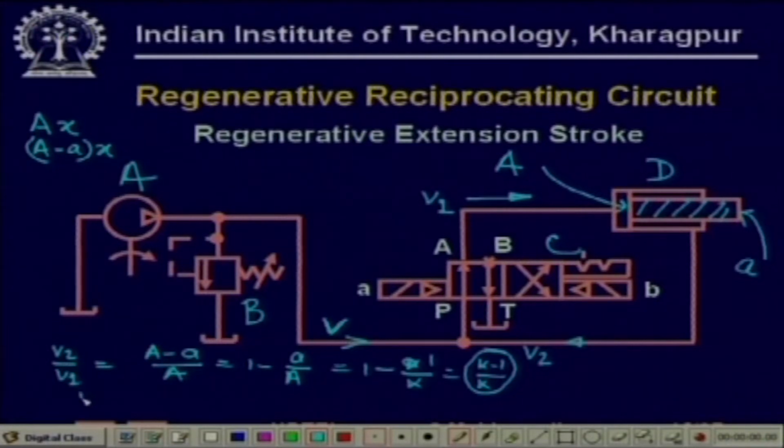And V1 by V2 is equal to K by (K minus 1). Okay.